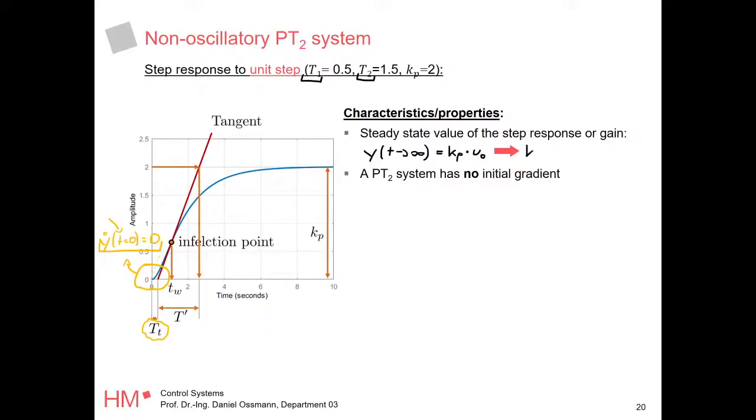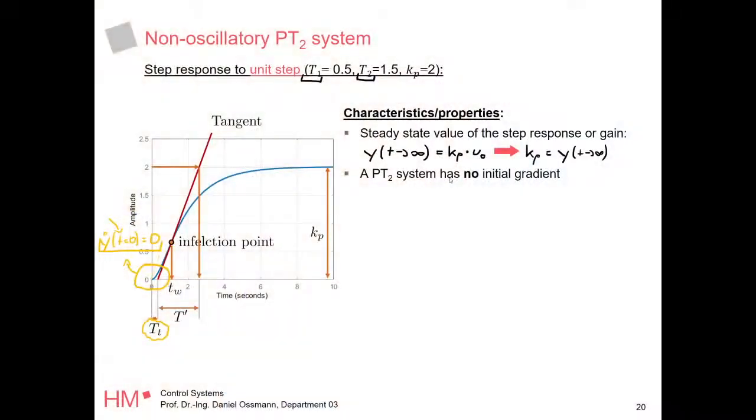If you want to do an experiment, and as a matter of fact you're going to do an experiment in lab exercise number 2 to compute this gain, you just need to measure your y of t going to infinity. In reality, you don't need to wait until infinity, because that would be rather long. You just wait long enough, because you will see in the simulation that it fades out, and divide this by your input.